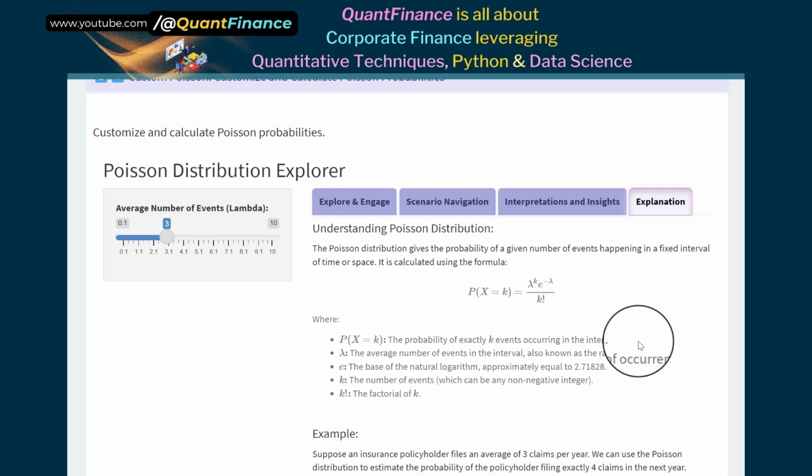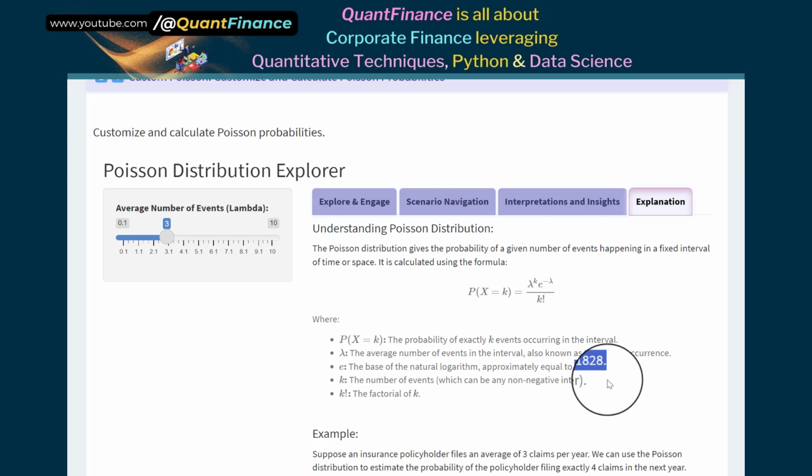Exactly k events. And lambda is the average number of events in the interval, also sometimes known as the rate of occurrence. And e, of course, we understand is the natural logarithm base, and its approximate value is 2.71828.